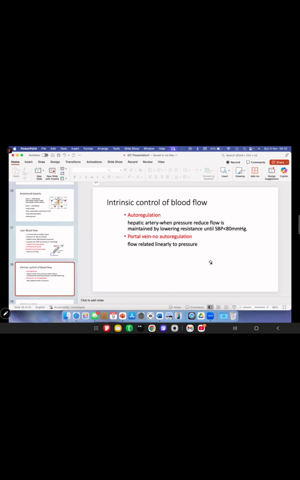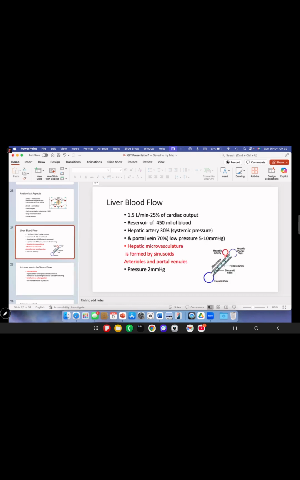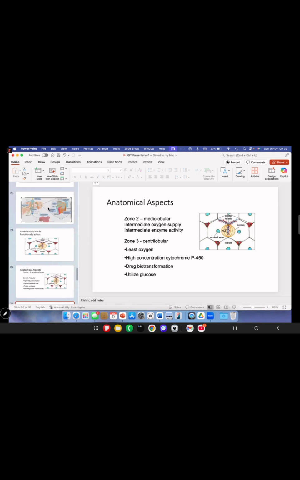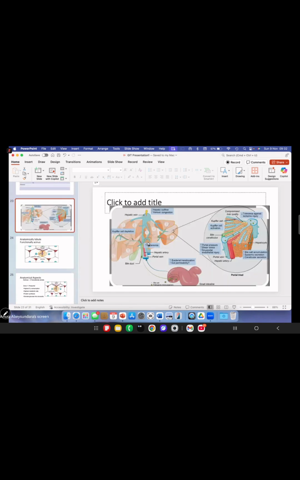Now about the intrinsic control of blood flow. Now there's a thing called autoregulation, right? Autoregulation and the portal vein. The portal vein has no autoregulation, right?